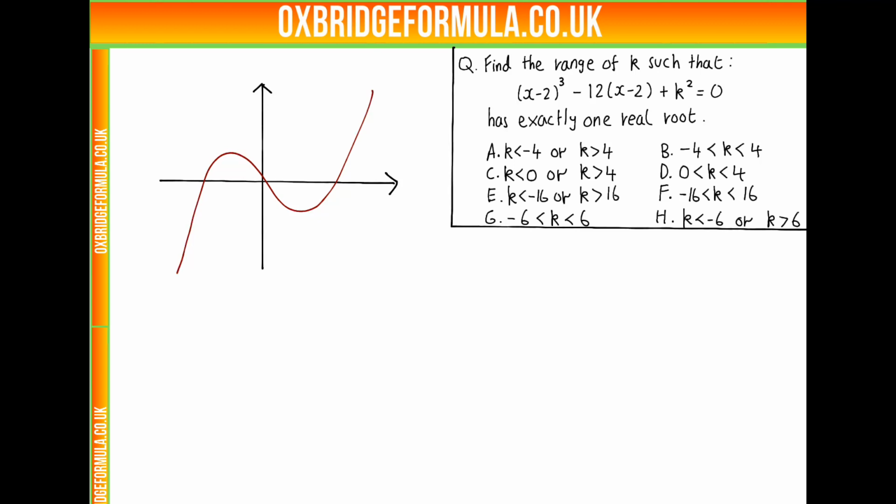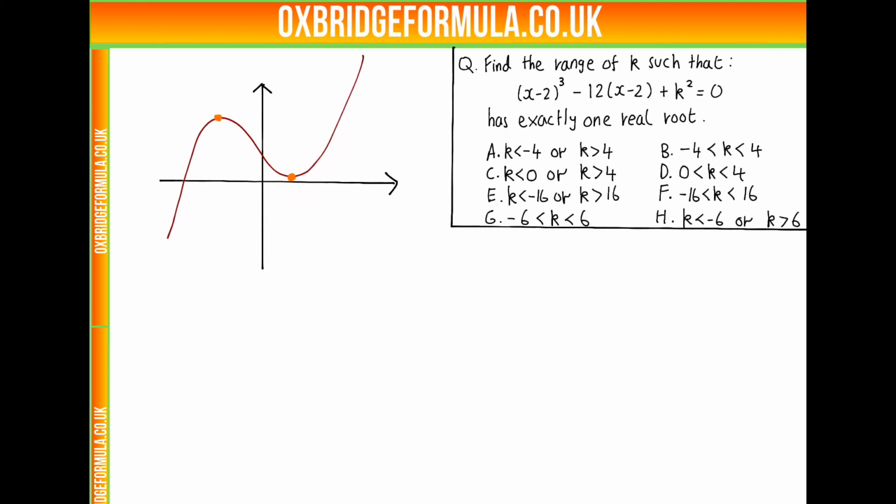And what we're looking for, well, let's mark the turning points of the graph. We want exactly one real root, so this wouldn't do at the minute because this has 3 real roots. So for one real root, what do we need? Well, if we move the graph around a bit, we see what we need is one of 2 scenarios.